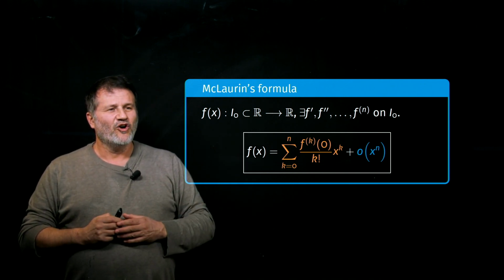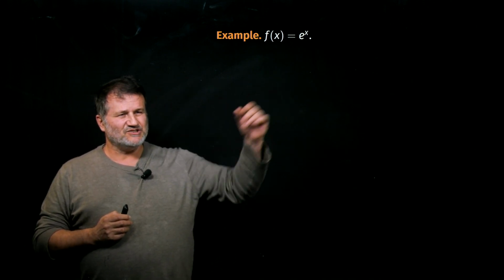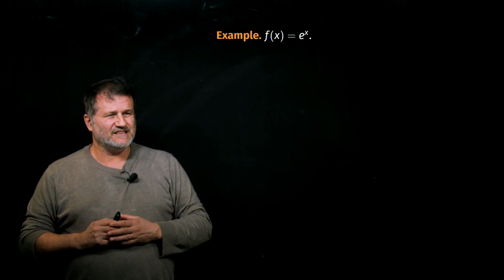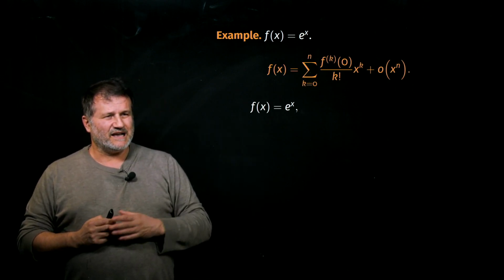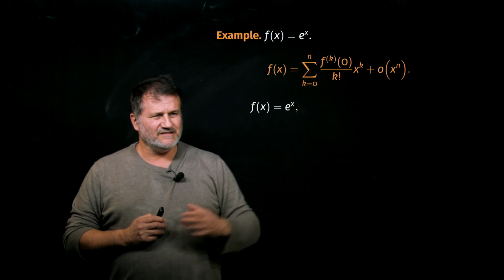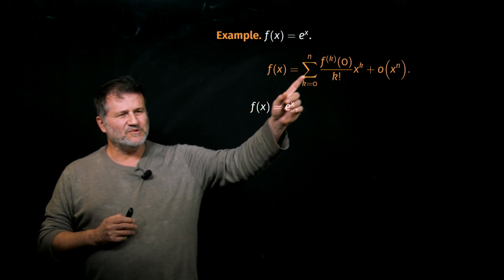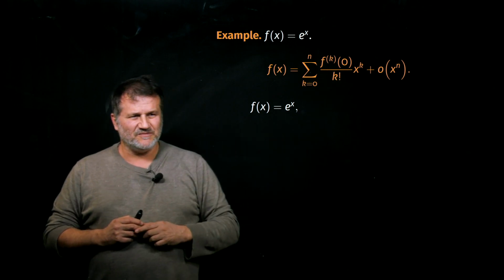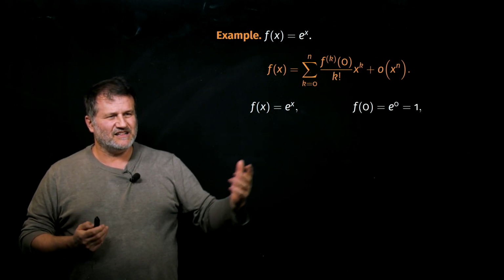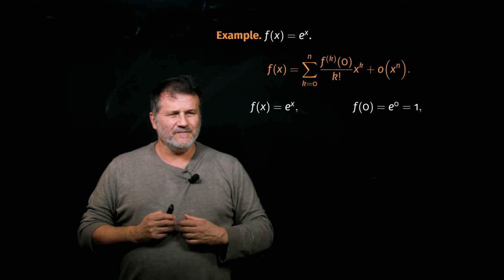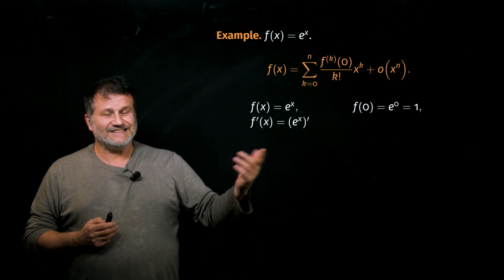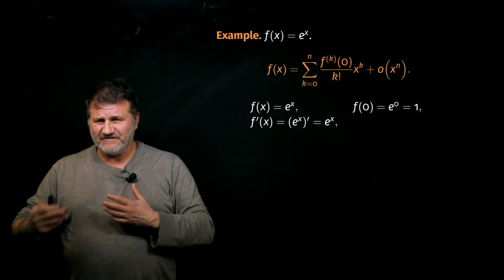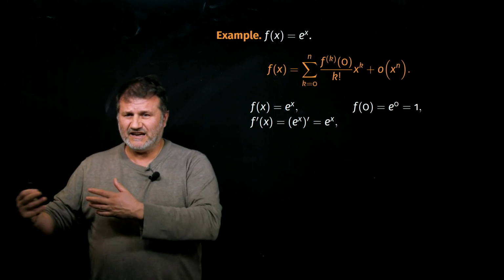So we get this. For example, if we take the function f of x equal e to the x, the exponential, the Maclaurin formula is this one in general. So we have to compute the values of the derivatives of f at point 0. So f is the exponential, the value of f at 0 is 1. When we differentiate, we get again the exponential, because the derivative of the exponential is the exponential.